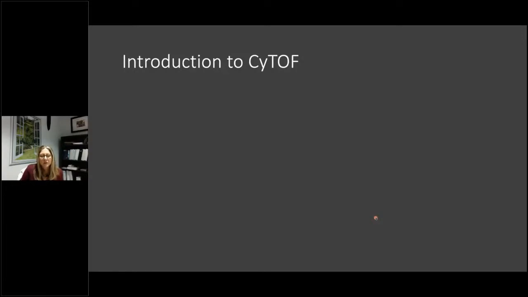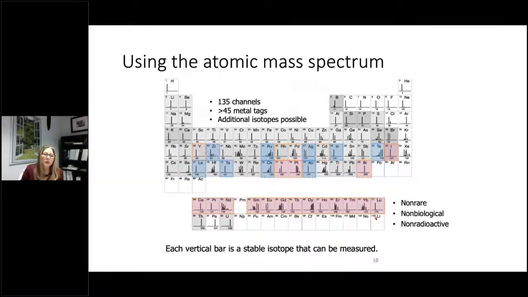Let me just give you a little bit of intro into the CyTOF technology so that you have some familiarity with it, just in case you don't already. So instead of using fluorophores, CyTOF uses isotopes. And as this periodic table demonstrates, there's lots of different options, even within a particular element. And so each one of these bars represents an atomic mass of a particular isotope that can be coupled to an antibody to use in mass cytometry.